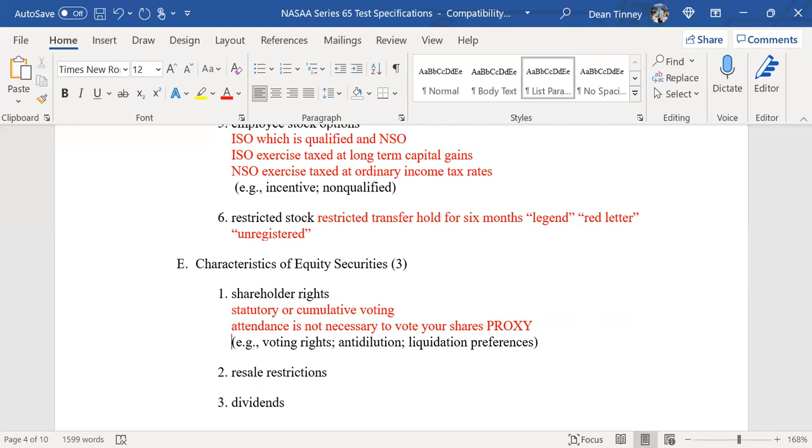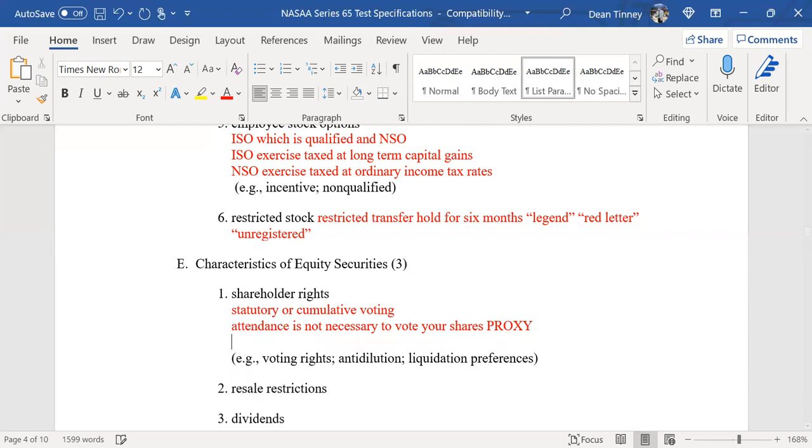Now, what's been showing up in the Series 7, this is the 65 test specifications, but recently people have been seeing questions on the FINRA exams about super voting shares. And that's simply a share that has more than one vote, and that's typically held by insiders. Now, another right you have is the right to vote on matters pertaining to the corporation.